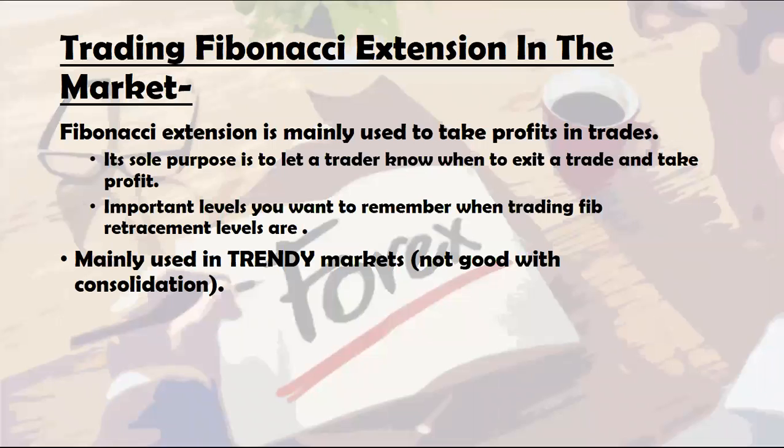Also, just like the Fibonacci retracement, the fib extension is mainly used in trendy markets, and it's really not good with consolidation. So keep in mind that you want to make sure the market is volatile and moving, and not just in a spiky, consolidated motion.